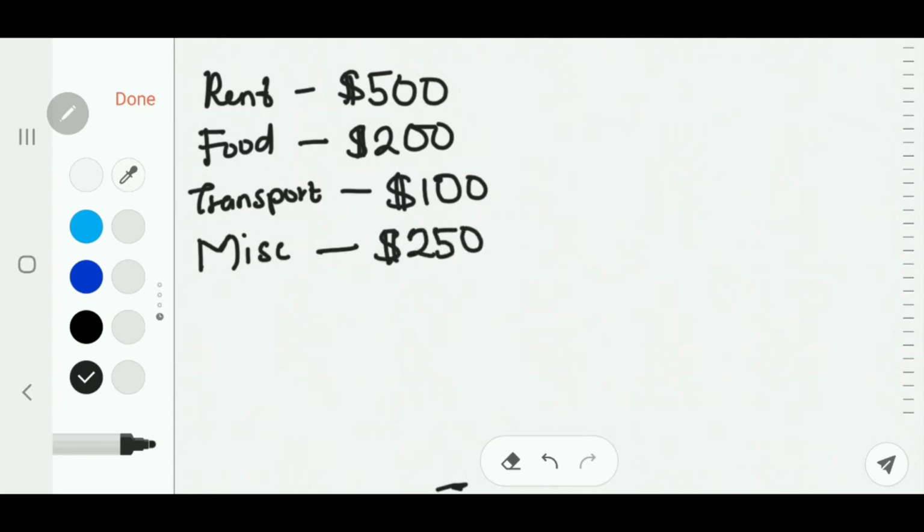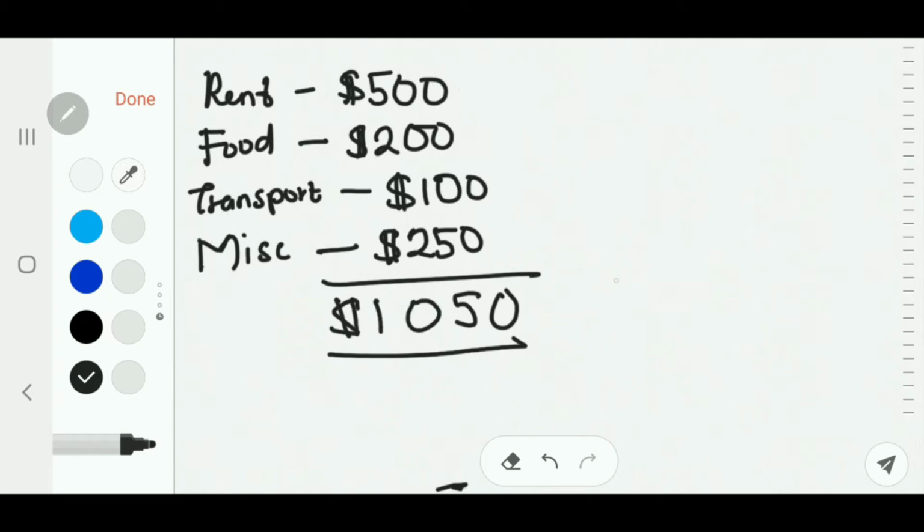This includes styling my hair. I'm a black girl, so our hair is kind of different when it comes to styling. So if you do a calculation of this, that brings us a round figure of $1,050.